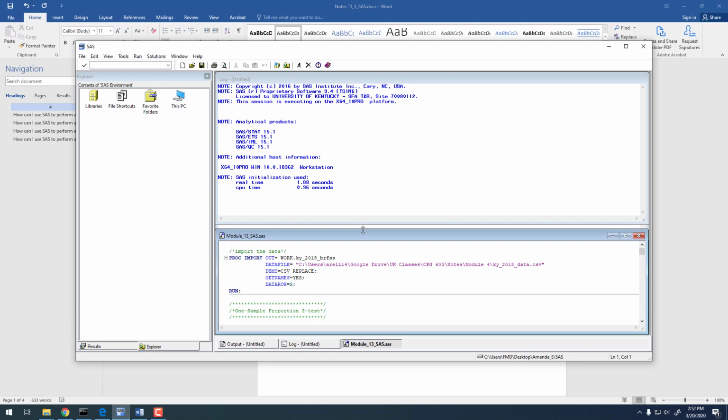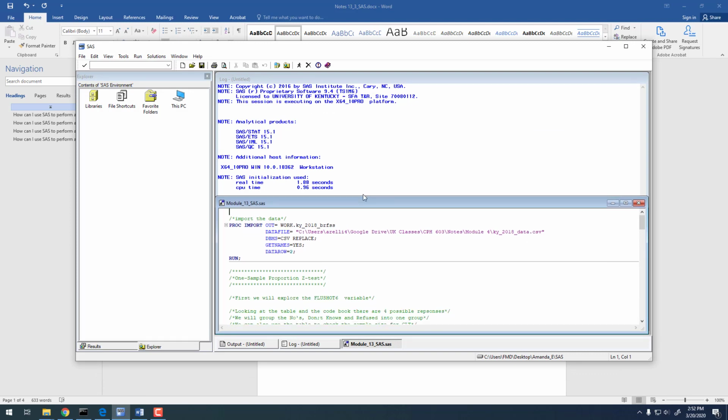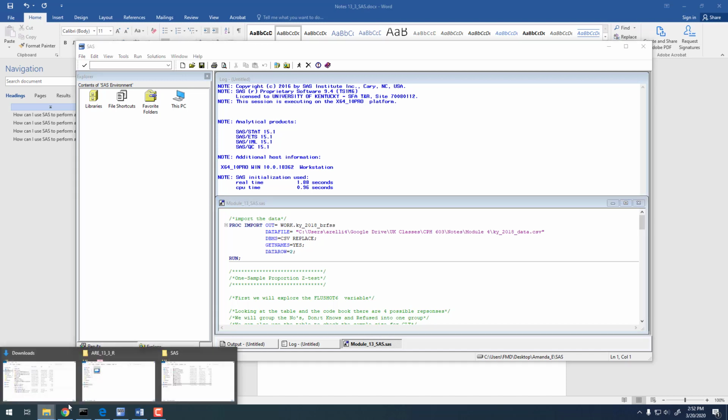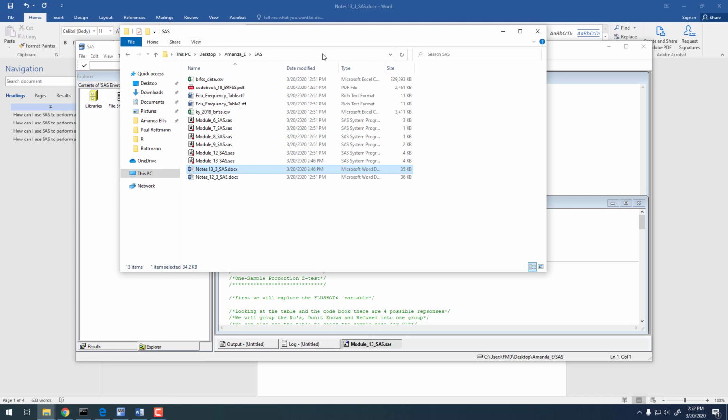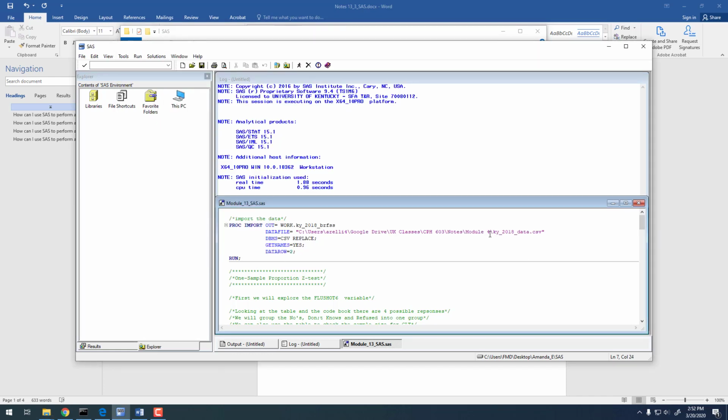I've opened up my SAS code here in SAS, and remember the very first thing we always have to do is to import our data set. So the first thing I'm going to do is change the location. And I'm going to run this.